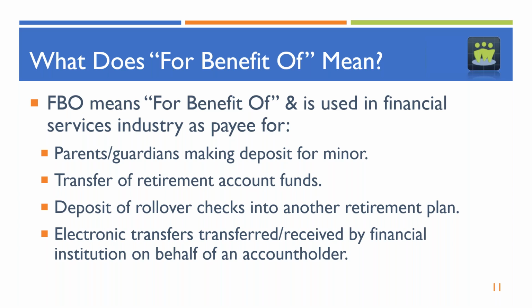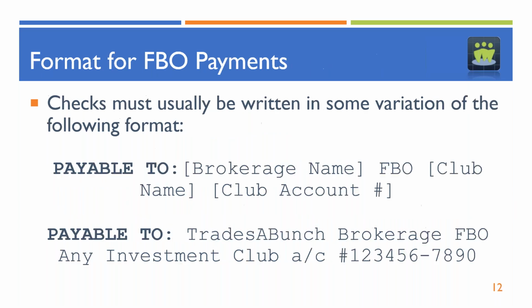FBO is often used when retirement account funds are transferred from an institution to another institution, or when rollover checks are deposited into retirement plans, or anytime there are electronic transfers that are transferred or received by financial institutions on behalf of their account holder. They will use that FBO benefit.